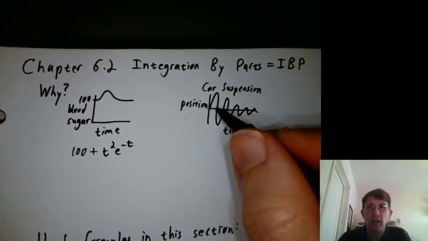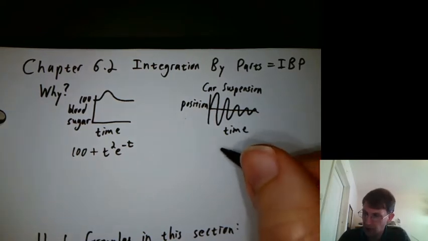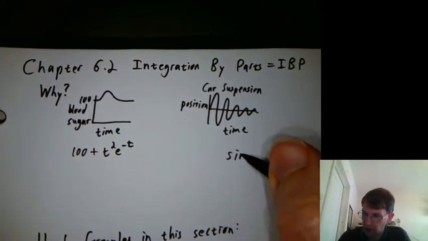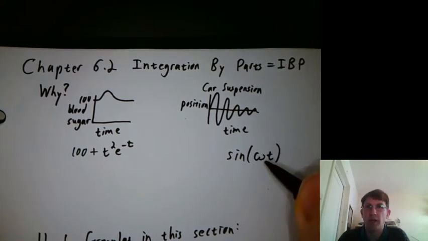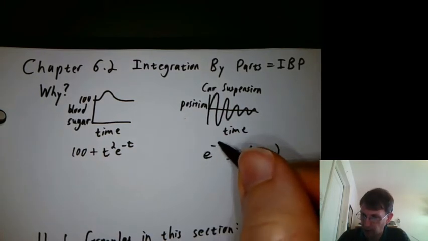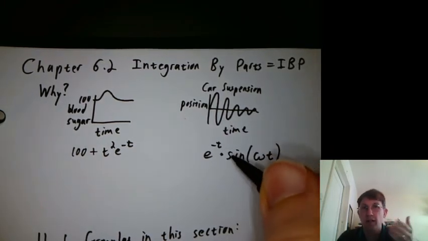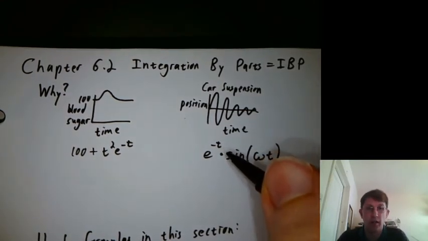Well, I see some sine wave kind of oscillation, but with a dying down amplitude. So you might say sine omega t. Omega is a frequency that you can adjust to make it oscillate faster or slower. And then an amplitude out front that is decaying. It could be e to the negative 3t, whatever.